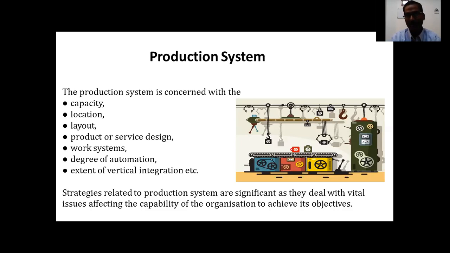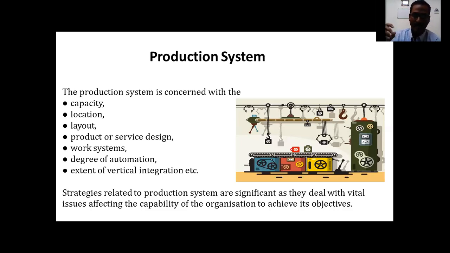Either it is 100% automated from input of raw materials to output of the completed product, in which case it is fully automated, or it is partial, meaning the machine will produce and after that laborers do the processing. Then the extent of vertical integration means to what extent the business is going to be its own supplier, going backward, where the business itself becomes its own supplier of raw materials.